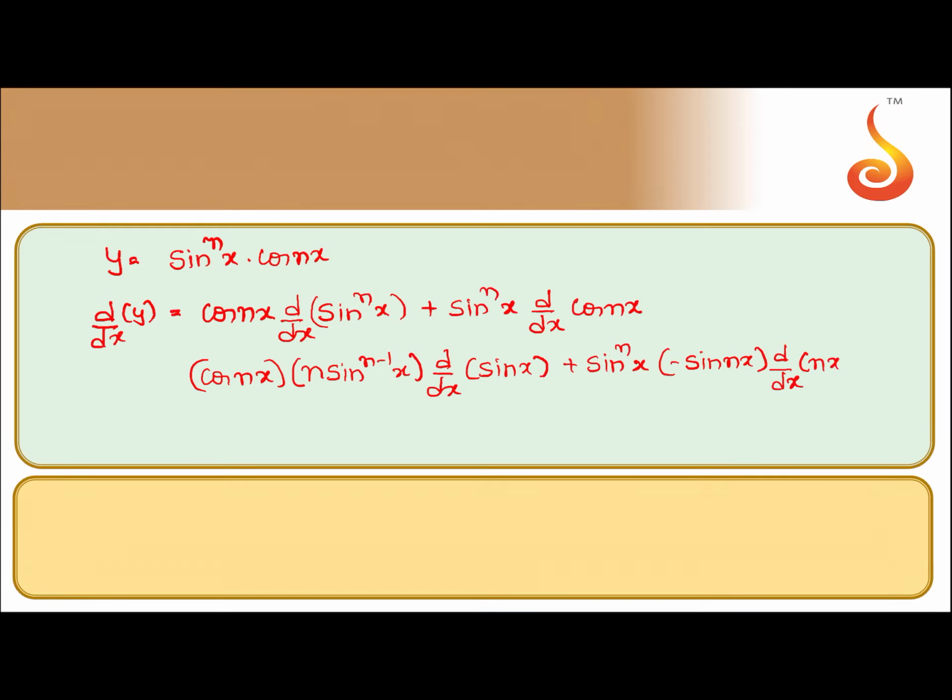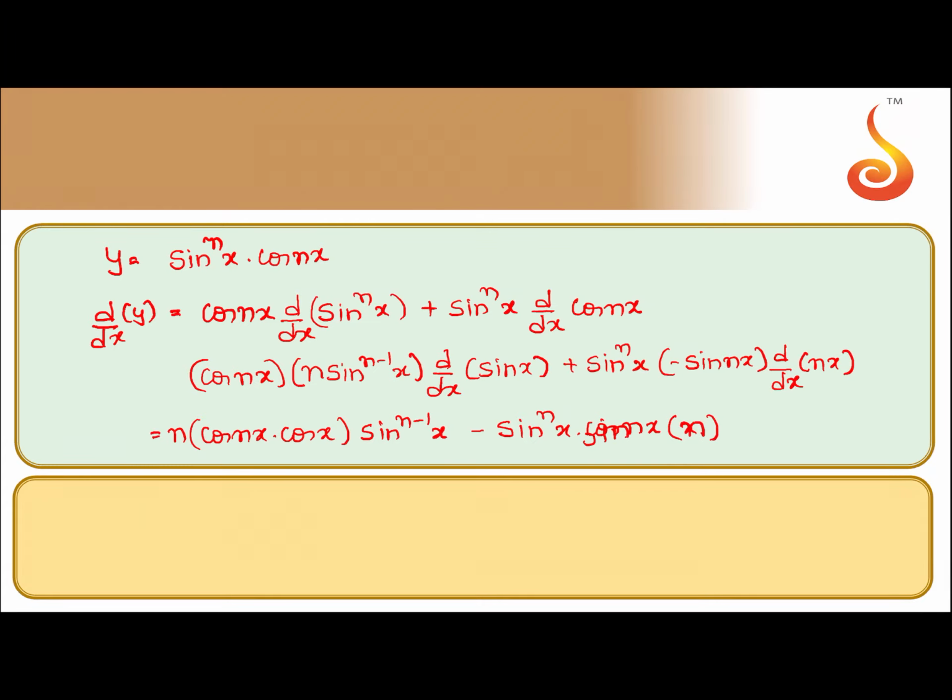So what we get finally? We get cos nx into cos x into n times sin to the power n minus 1 x. Just rearranging it, minus sin to the power nx and, sorry, it will be sin nx into n.